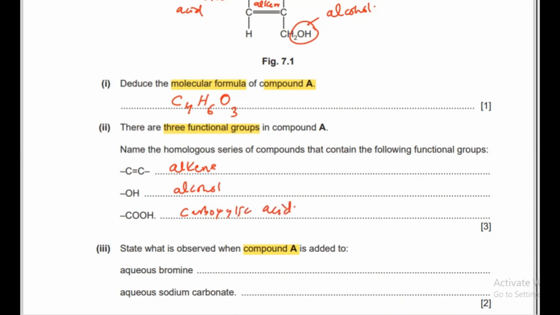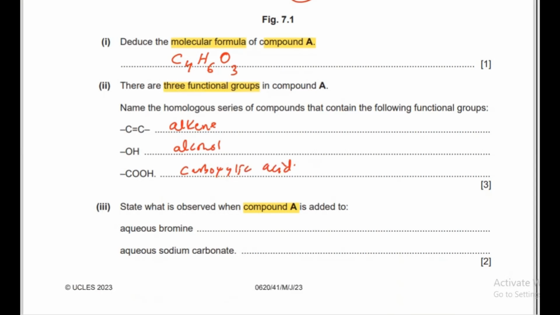State what is observed when A is added to bromine and to aqueous sodium carbonate. Now, this is A, which contains alkene, alcohol, and carboxylic acid. Bromine can be used to test the presence of a double bond. So bromine changes from orange or brown, or you can also say yellow, to colorless. Aqueous sodium carbonate is used to test the presence of acid.